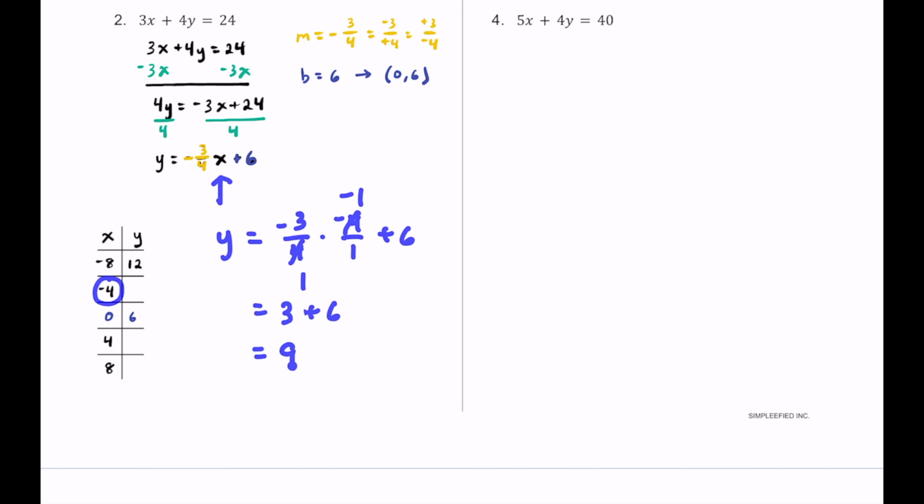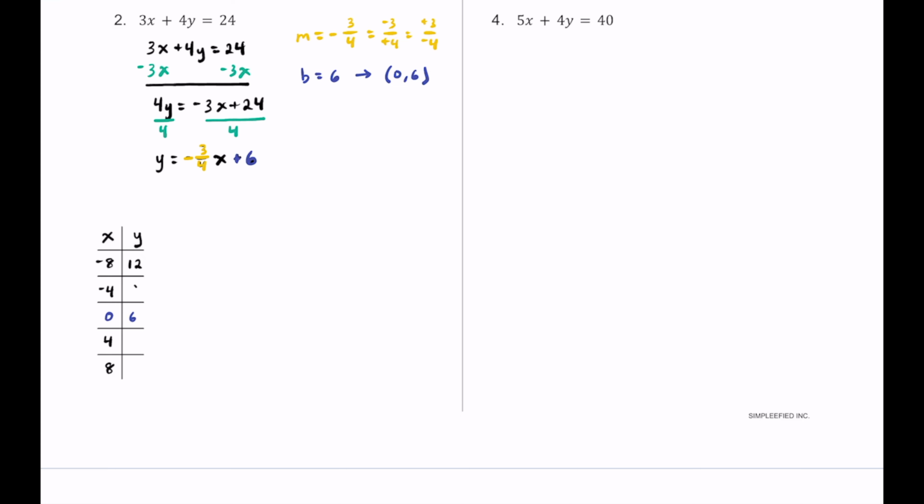So when x is negative 4, y is positive 9. Next, we're going to try when x is 4. We're going to substitute that in. So y is equal to negative 3/4 multiplied by 4 over 1, and then add 6. These 4s will cross cancel to make 1s. Negative 3 times 1 is negative 3, plus 6, that's going to equal positive 3. So when x is positive 4, y is equal to positive 3.